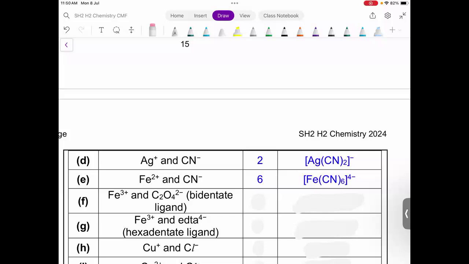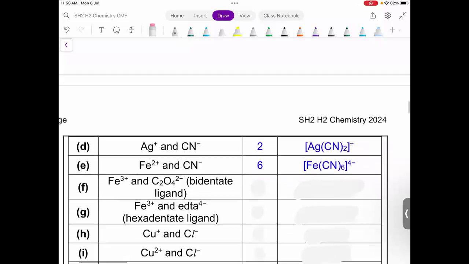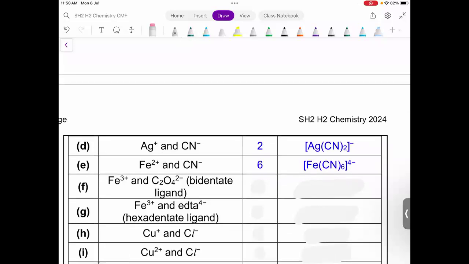F and G, you are not required to memorize. If the A-level question requires you to deduce the formula of the complex, they will give you some data for you to deduce the mole ratio. If you have looked at your tutorial questions, there's one example over there. This is more complicated in the sense that it's not really in your syllabus, but it can be given to you as an applied example.